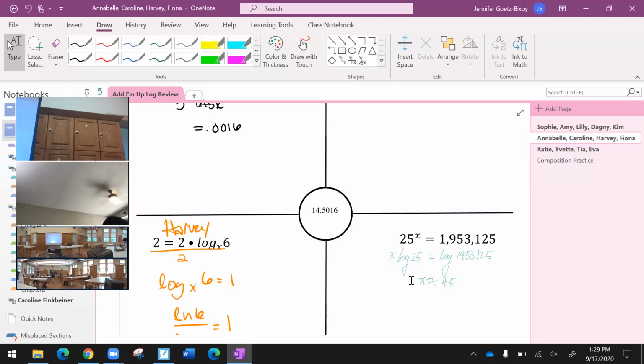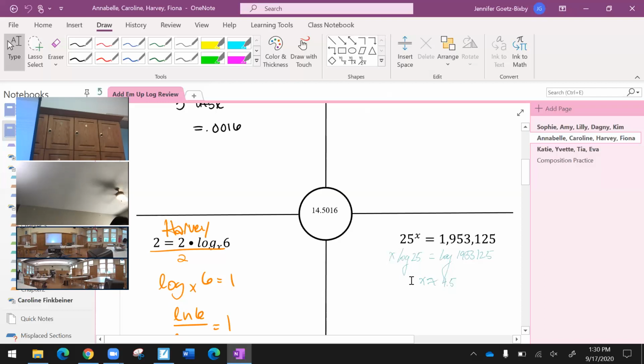Caroline, I might have something, but I'm not sure if it's right. Which one are you trying to do? The log of... For the third, second, fourth quadrant, they're all the same. So you multiply this, right? Can you put that in your calculator? I ended up doing that. And then subtract the 8 and divide by the 8.